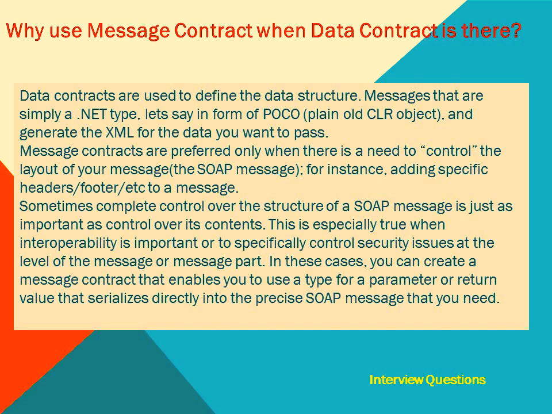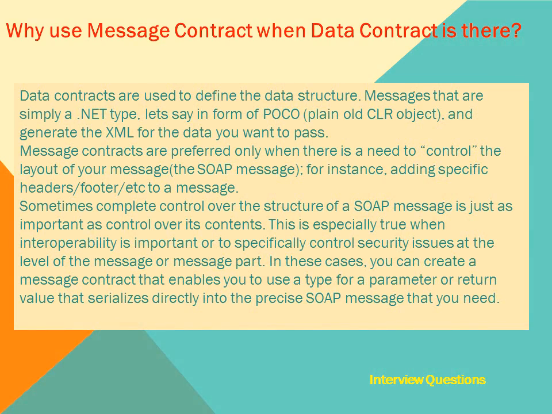This is especially true when interoperability is important or to specifically control security issues at the level of message or message part. In these cases, you can create a message contract that enables you to use a type for a parameter or return value that serializes directly into the precise SOAP message that you need.